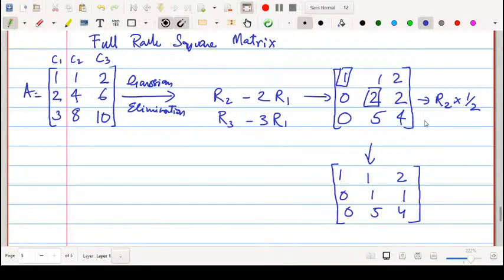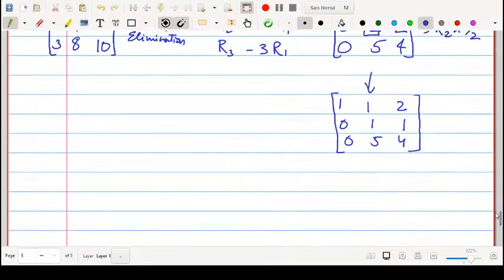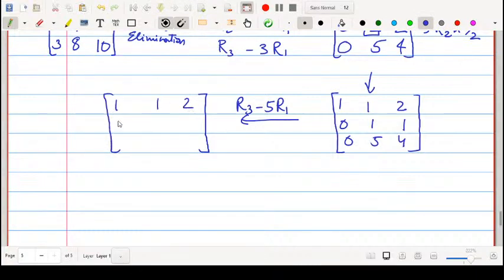So I've done nothing but multiply my second row by a number. And this is the matrix that I have, and now I can do row 3 minus 5 times row 2, and this is the final matrix that I will get: 1 1 2, 0 1 1, and then finally 0, 5 minus 5 gives me 0, and 4 minus 5 gives me minus 1.